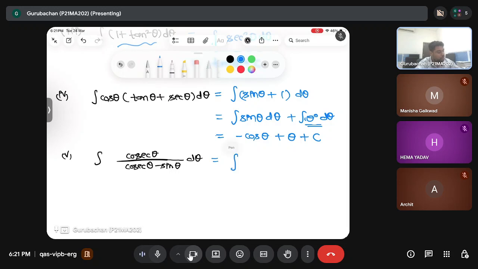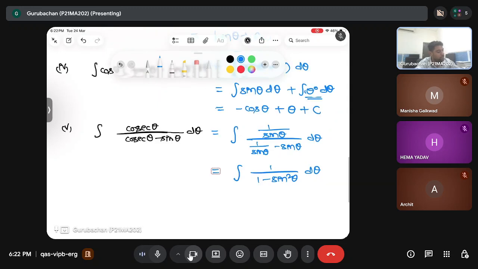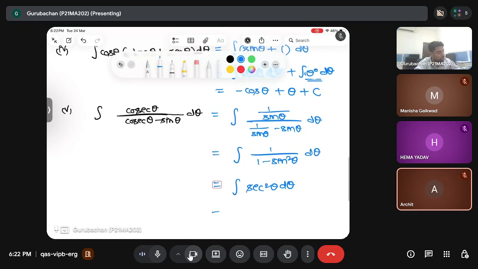When you try to solve it, it can be written as 1 by sine theta minus sine theta d theta. So from here, when you take the LCM, this will be 1 by 1 minus sine square theta d theta. What is 1 minus sine square theta? Cos square theta. And 1 by cos square theta is secant square theta, which will give you tan theta plus constant.